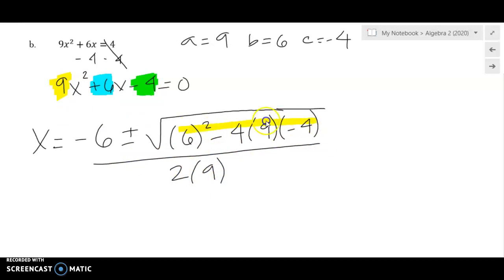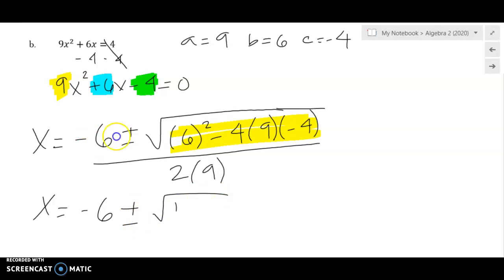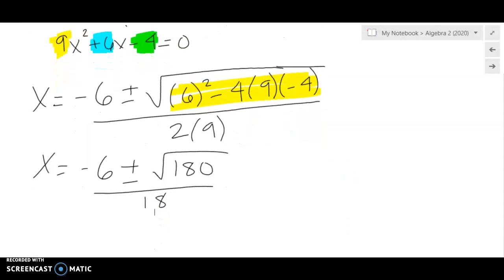So I'm going to go ahead and take this inside part right here that I'm highlighting, and again, you could type it into your phone and break it down. You could do some scratch work on the side. You could type it into Google. But when you do 6 squared minus 4 times 9 times negative 4, you should get 180. That goes underneath there. And then 2 times 9, again, just happens to be 18. So that's what I have so far.